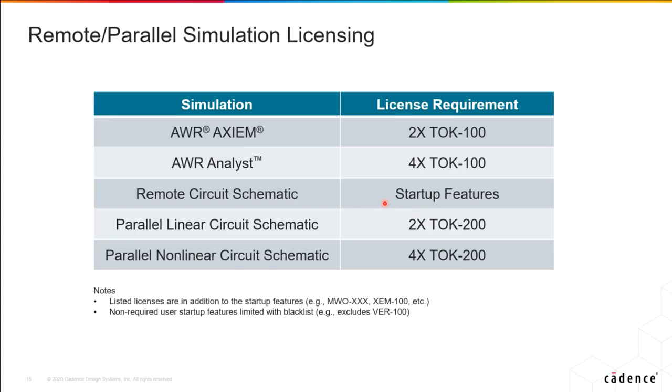So if you have a Microwave Office 200 on your computer, it requires a 200 on the other computer. And if you want to parallelize, so maybe just on one computer running 4 jobs, you need 2 tokens, called token 200 in this case, to differentiate it from the EM ones, for each parallel job that goes beyond what you're already simulating. So set that up on different computers, you multiply them, etc. And for nonlinear, it's just 4 tokens because that's a more complex type of simulation.